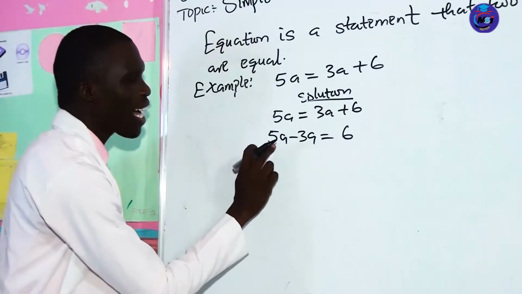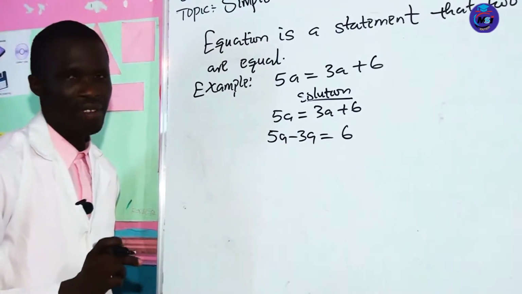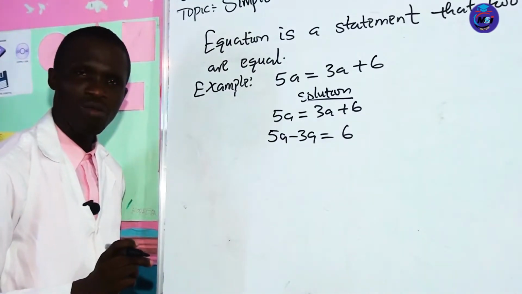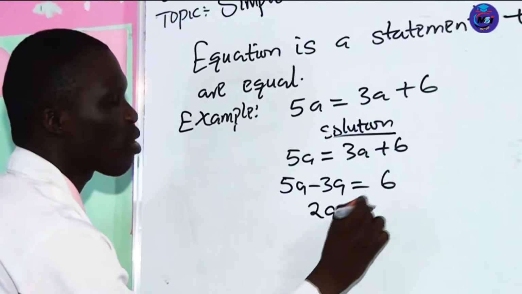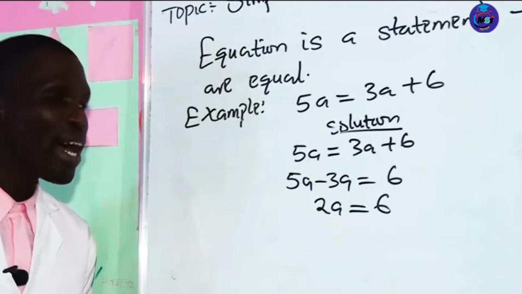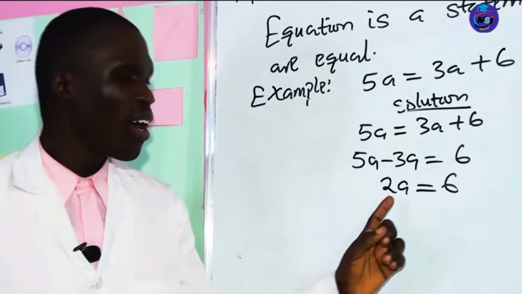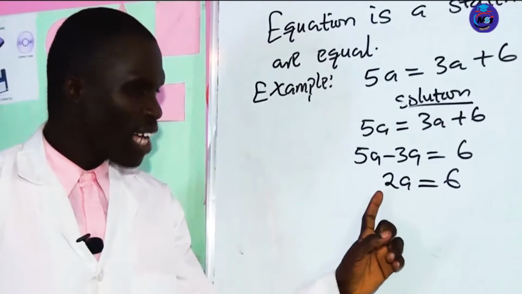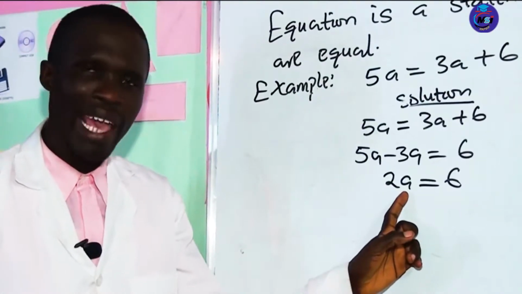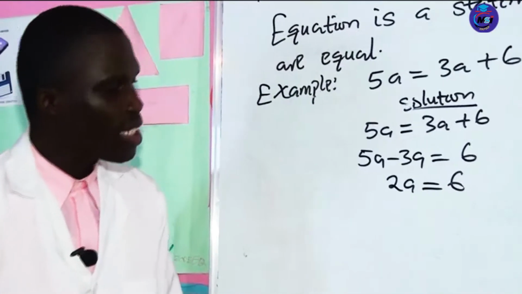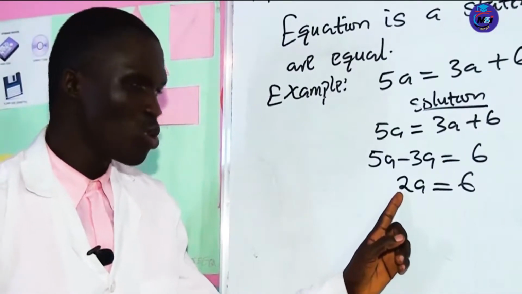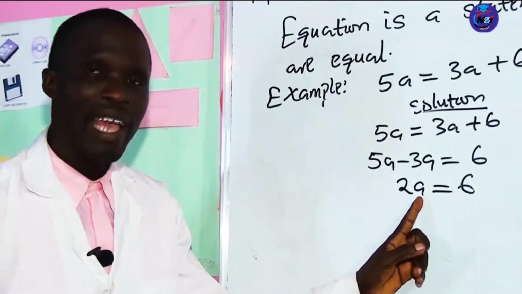Okay, 5 minus 3 is going to give you what? Oh, you got it right. 2a equals 6. Remember, we are looking for a, and 2 is attached to a. We have to look for a number that will destroy this 2 so that it will remain a.